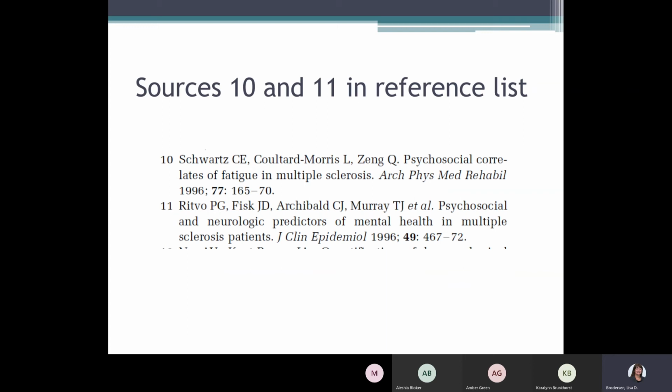Now these are the two sources denoted by the superscript numbers 10 and 11. So this information could be used by the student to obtain the two sources and get the information directly from them. That's one good thing about a reference list: you can always use that information to obtain those sources yourself, so you can read them yourself and get information directly from them.